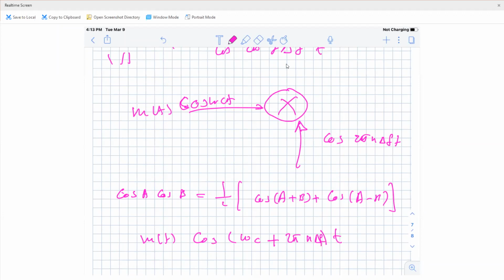This will be the output signal. So the carrier signal will be shifted by what? By delta f. Delta f means what? The channel bandwidth. This is implemented by what? By the frequency hopping code and the synthesizer.